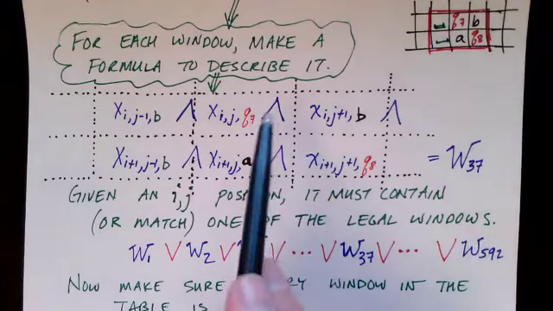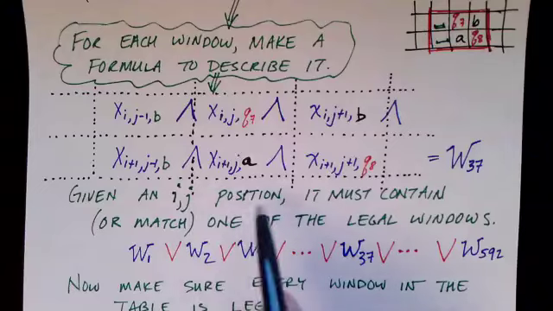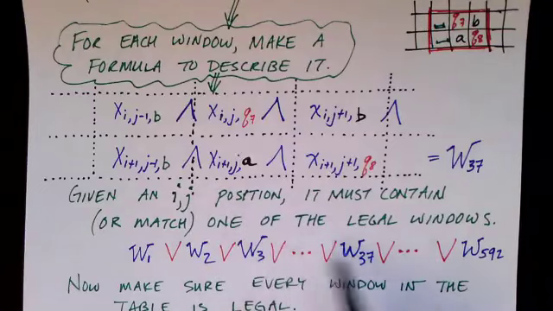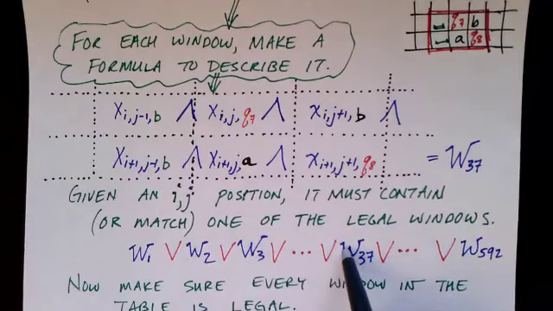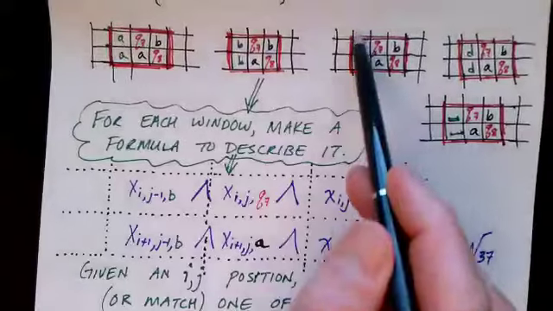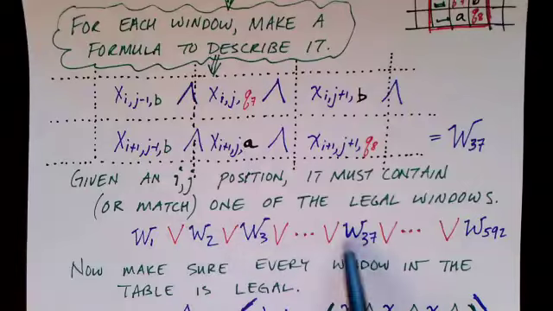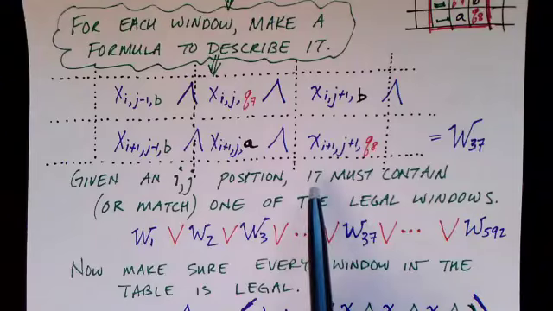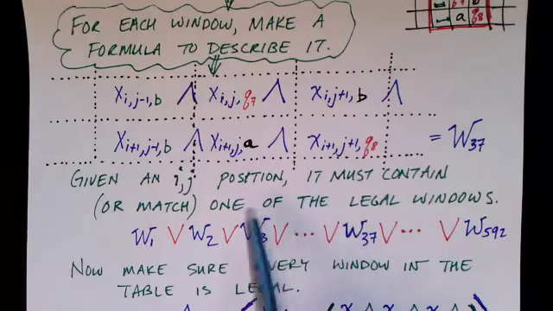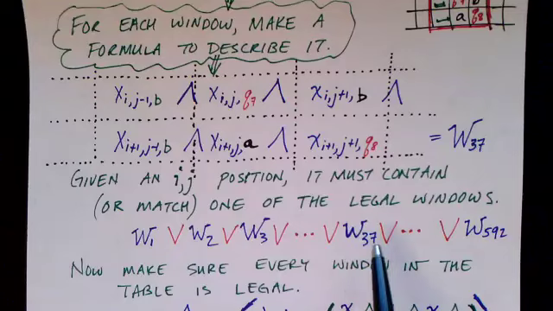So every position in the table, every ij position, must match one of the legal windows. So it must match window 37, or window 38, or window 39, and we can express that with a disjunction. So for every ij position, the table must contain or match one of the legal windows centered on that position.